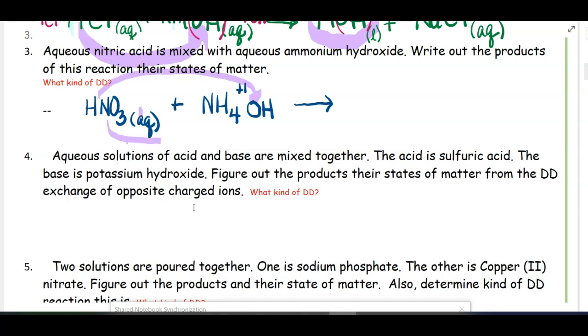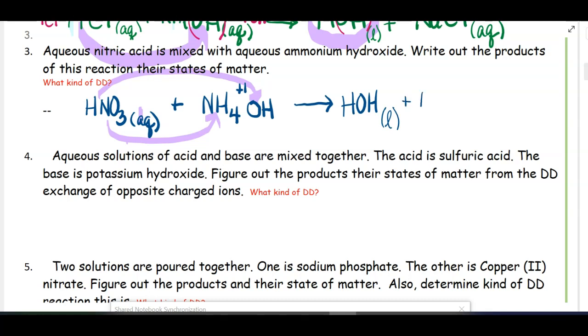And nitrate is now going to be dancing with ammonium. So we end up with HOH again. Oh my gosh. Water seems to be formed in every neutralization reaction. And water, of course, is in the liquid state.